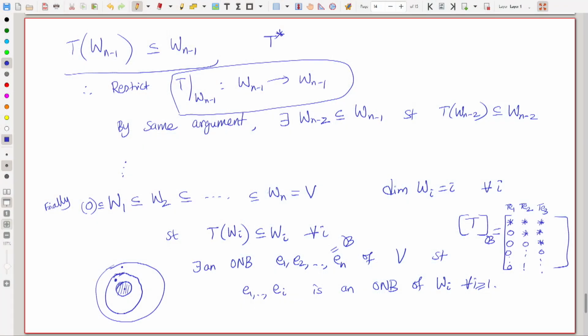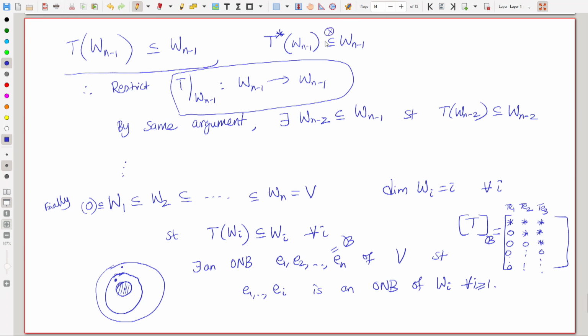What are we doing in the second step? We are restricting T to W_{n-1}, right. Now what is T star? T preserves W_{n-1}, but T star does not necessarily preserve W_{n-1}.